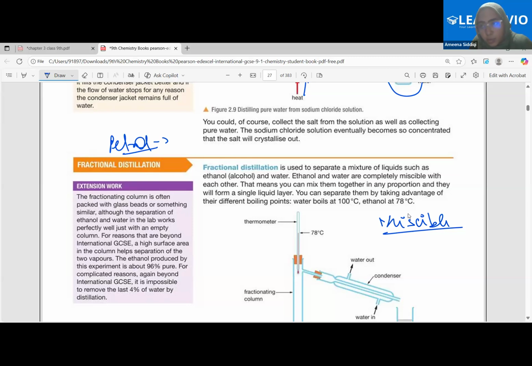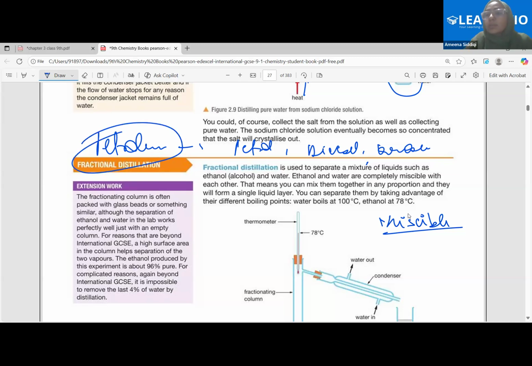It also has diesel, kerosene, bitumen, the wax, all of that. But it is a miscible liquid. We are not able to see in the petroleum itself what are the different liquids which are present in that. That is why it is a mixture of miscible liquids.